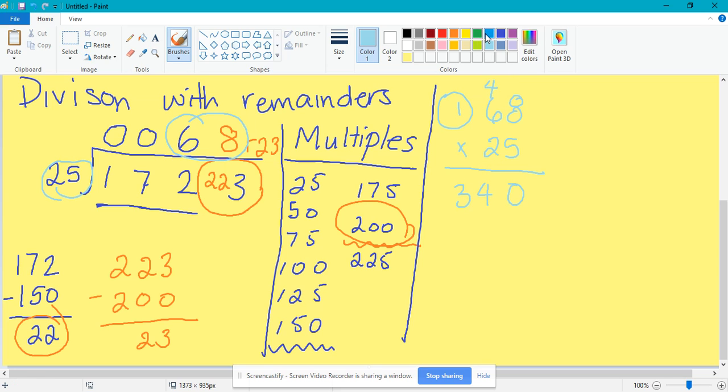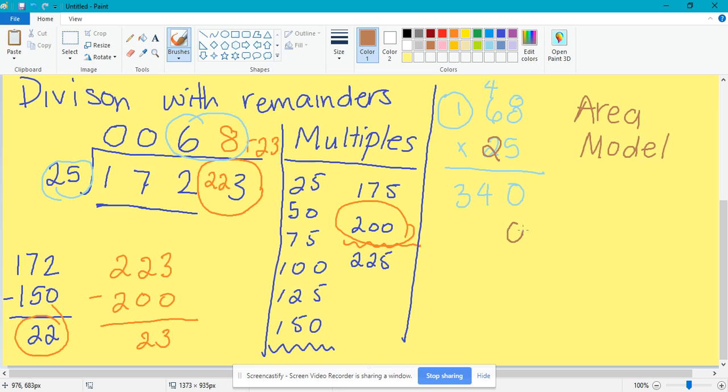Now I'm going to change my color to a different color. And I'm going to change this 2 into a brown. So that way the next step we see is being multiplied by that 2. Now you can use the area model if you want. That is allowed. Whichever multiplication strategy works for you, that's what you need to use to check, okay?